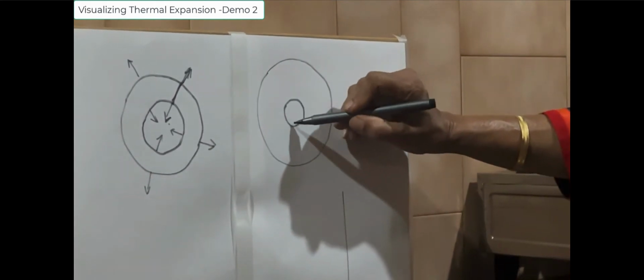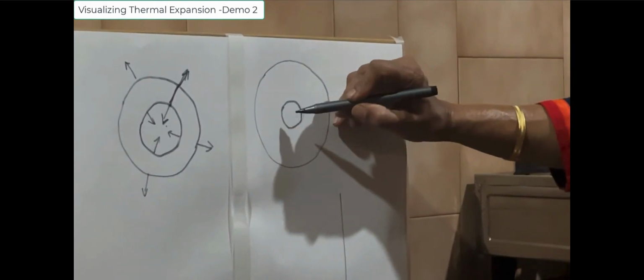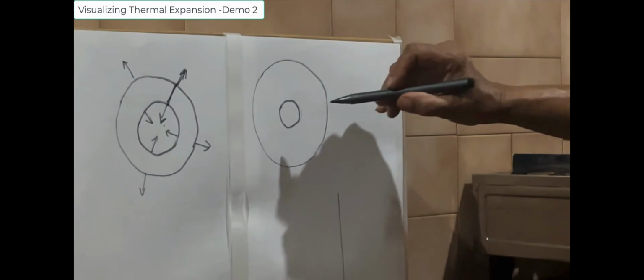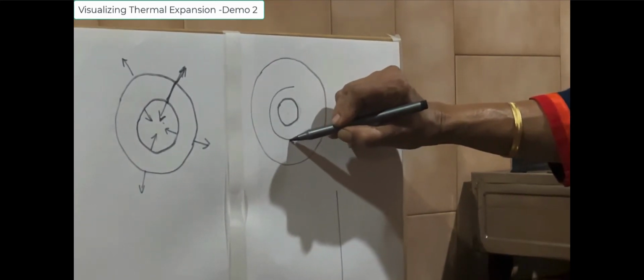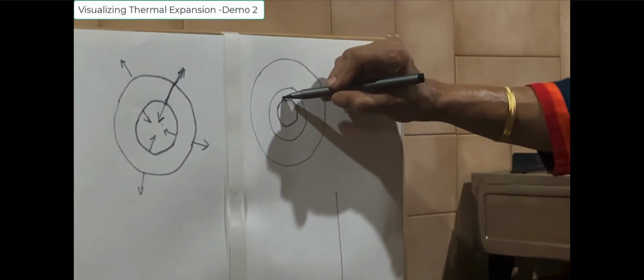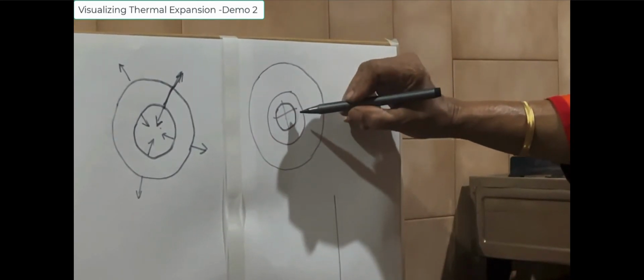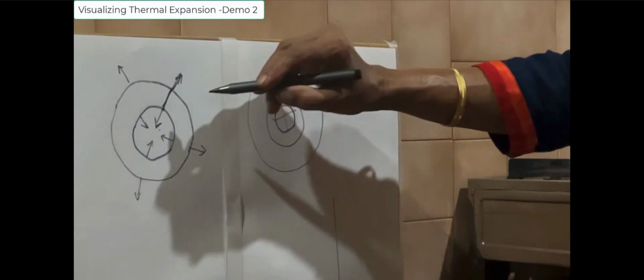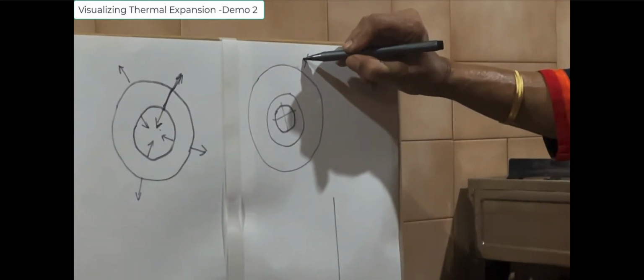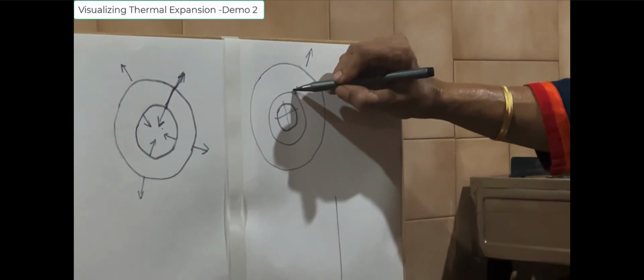Therefore, the inner ring should have become smaller. If that is so, the ball should not have gone in. But now we see that the inner ring diameter is also bigger than it was. The outer ring is also bigger than it was. That means there has been expansion this way.